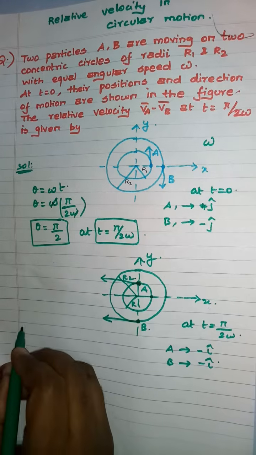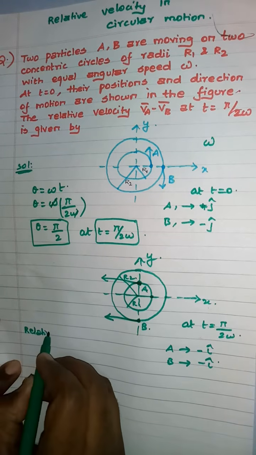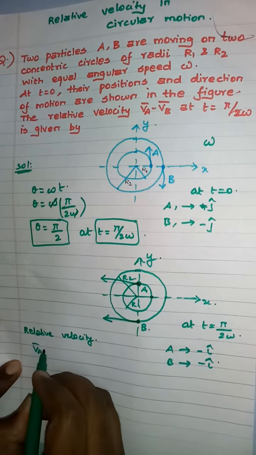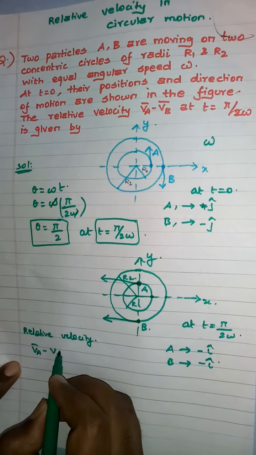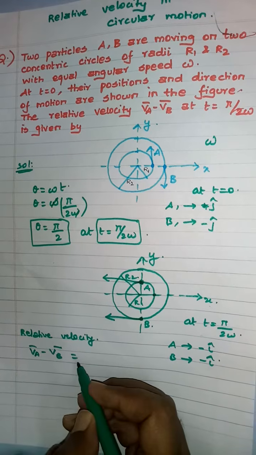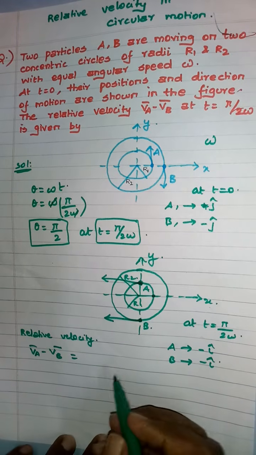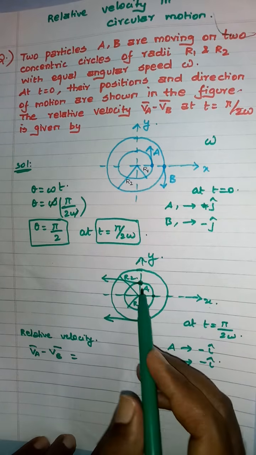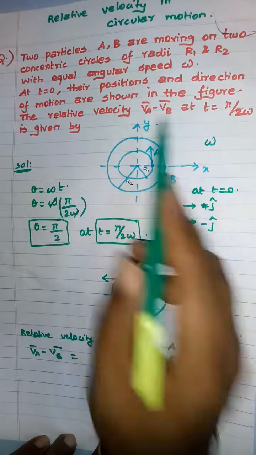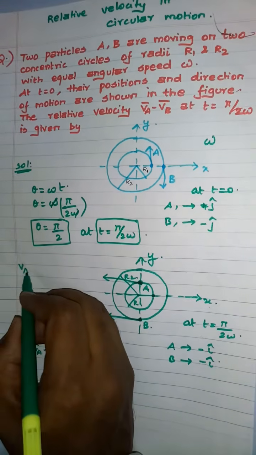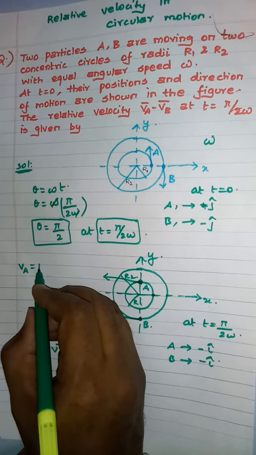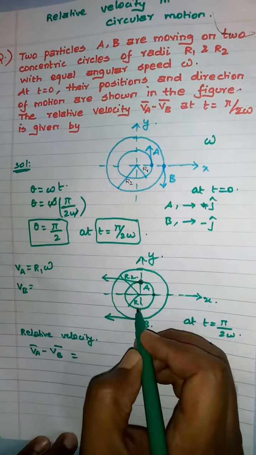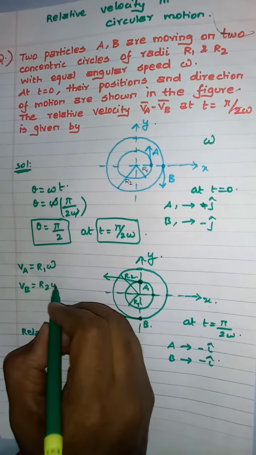Now if you want to find the relative velocity VA minus VB, we first want to find VA. We know the relation between angular speed omega and linear velocity V. That is, VA we can write as r1 omega and VB as r2 omega.